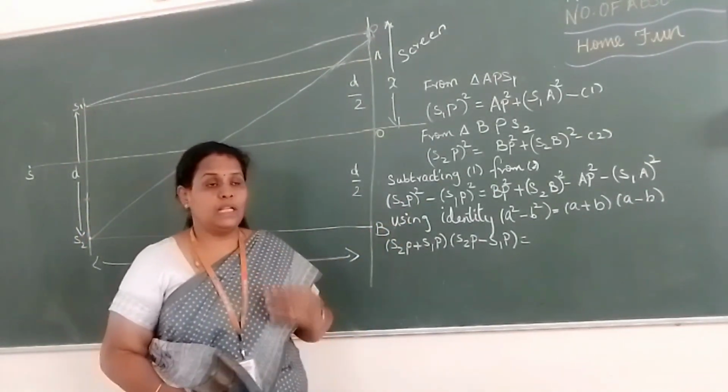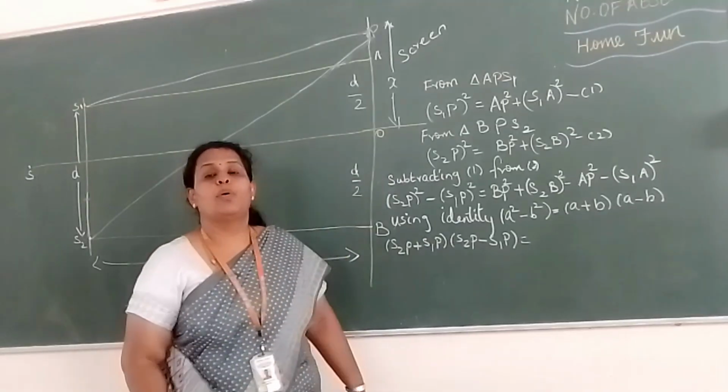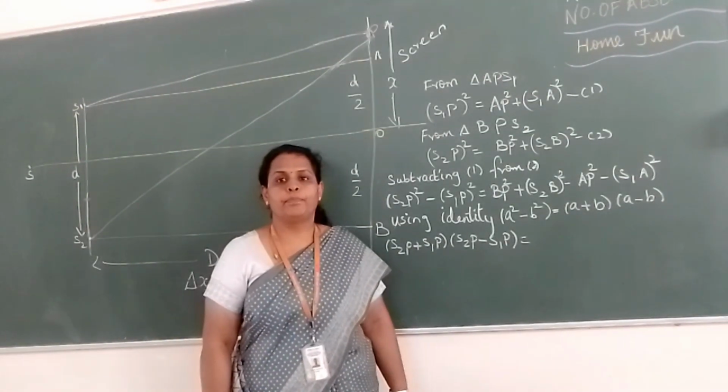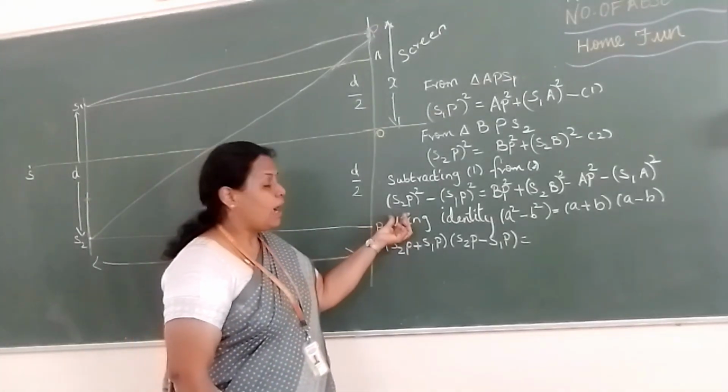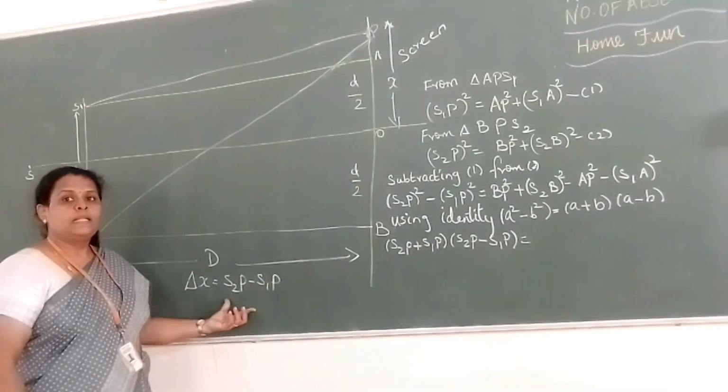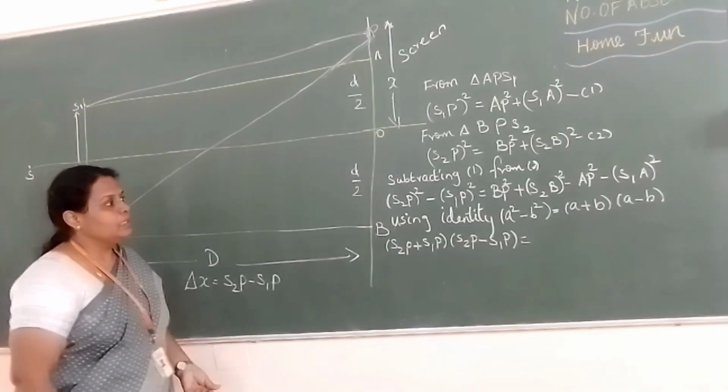So, we have achieved an equation for S1P the whole square and S2P the whole square based on Pythagoras theorem. Okay? So, I want to find out my S2P minus S1P from this formula.